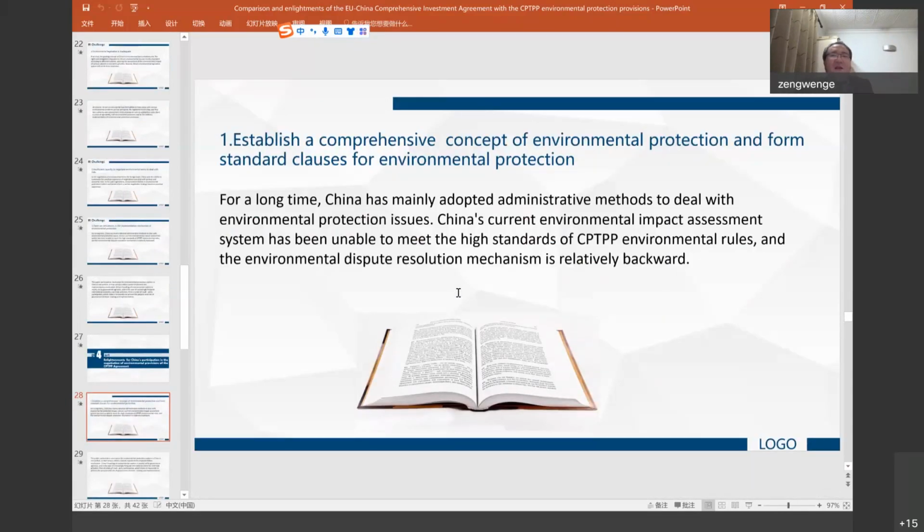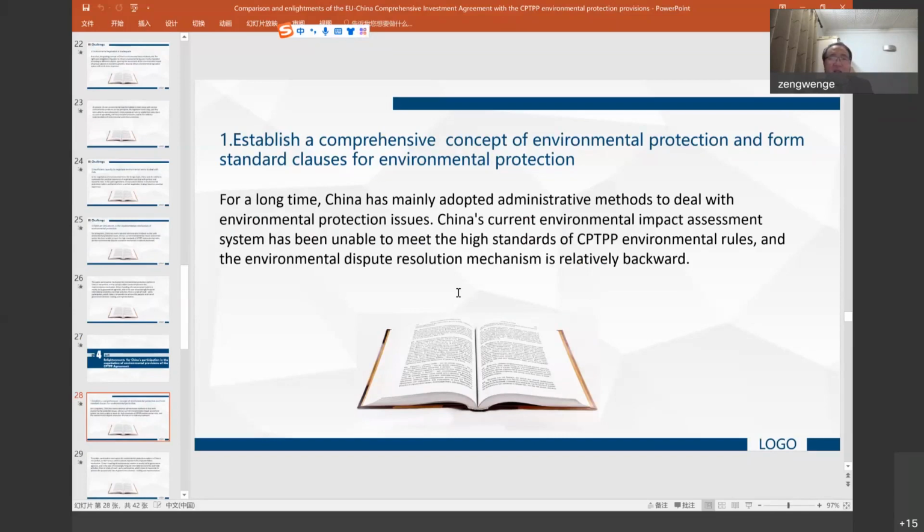The first one is to establish a comprehensive concept of the environment standard clause for environment protection. This is a good one. We think it is a very good one. The environment articles improved very quickly. So we think the CAI's sustainable development is a very good idea.